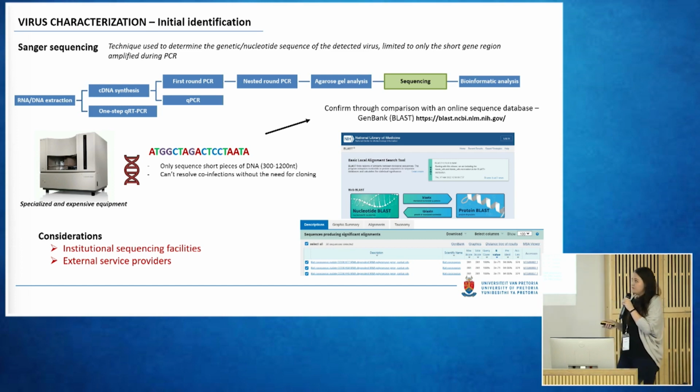So there are a few online databases that are available out there, and I've listed here for you one that we use, which is the GenBank database, where we use the BLAST function. So what you do is you put in the sequence that you've now received from the sequencing facility, and you BLAST it against a range of sequences that are available in this public database, from different viruses that have been characterized, from ones that are detected through other studies.